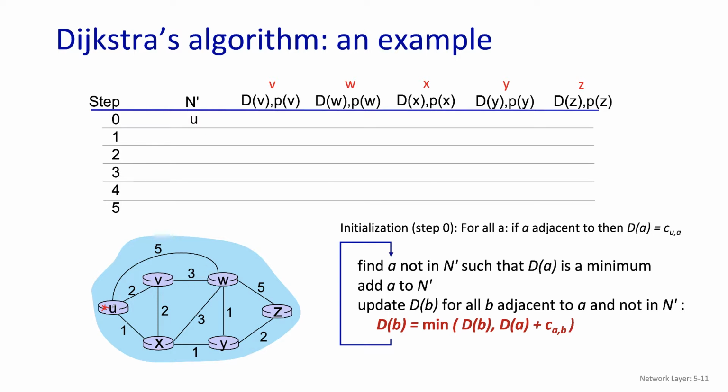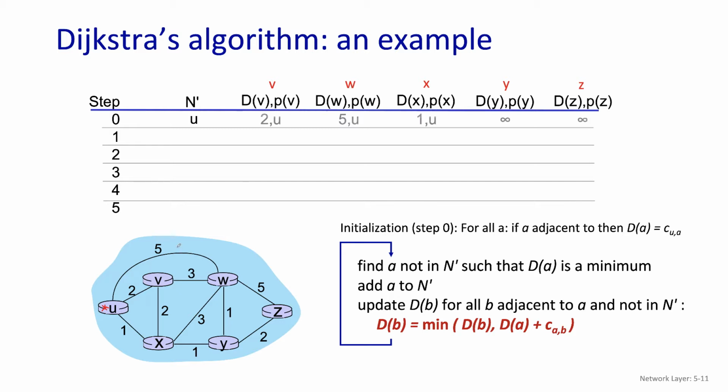At this point, the edges that we have are from U to W, from U to V, and from U to X. Therefore, you will just write the cost for each direct link.